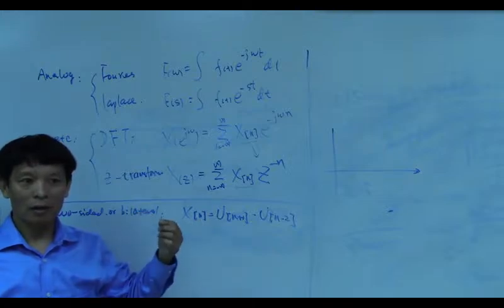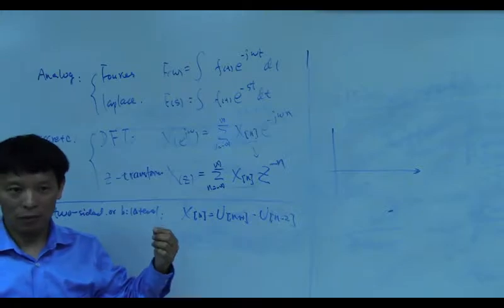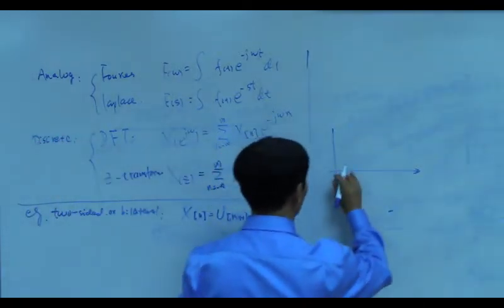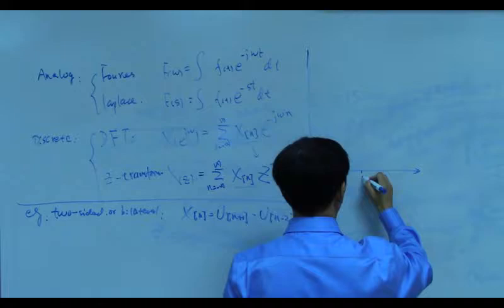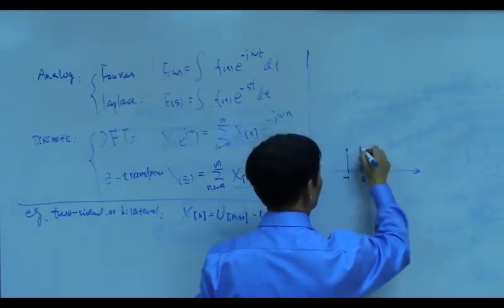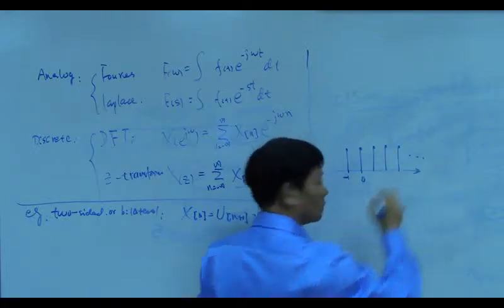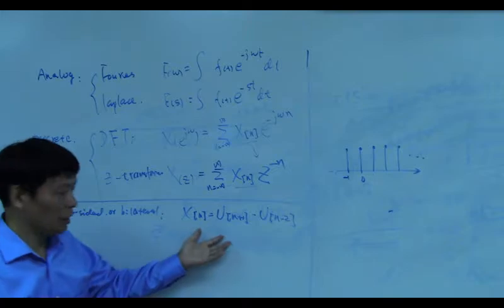Start from where? From 1 or from negative 1? From negative 1, right? So from negative 1, this is 0. From negative 1, so negative 1, 0, all the way to the right, right? Yes? So that is u[n+1].